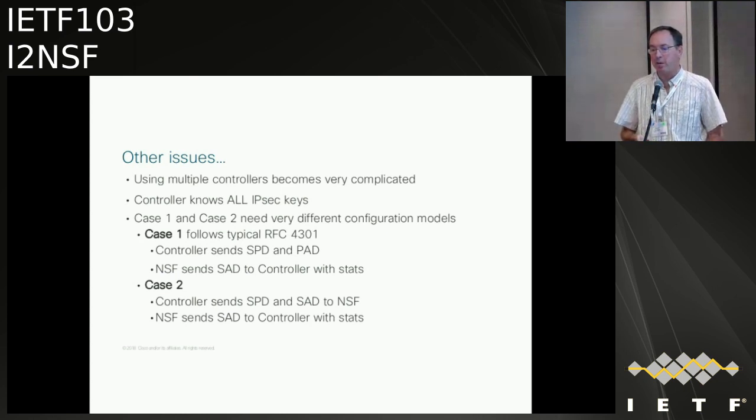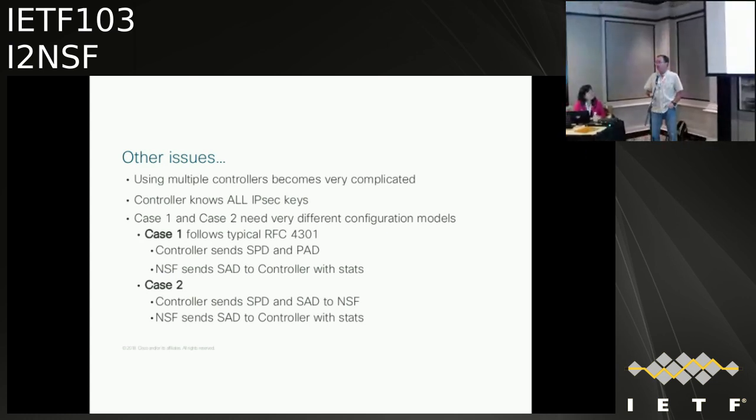The NSF is generating the SAD, and he's going to report back SAD messages to the controller, but basically for accounting purposes. How many bytes, how many packets, all that stuff. Case 2 changes it, and it goes to a completely different model. We would be looking for a model that was more similar between them. It'd be nice to configure whether you're doing case 1 or case 2 more the same way.